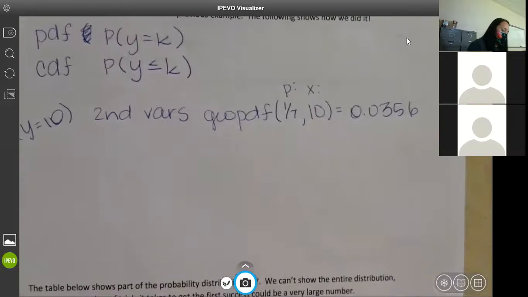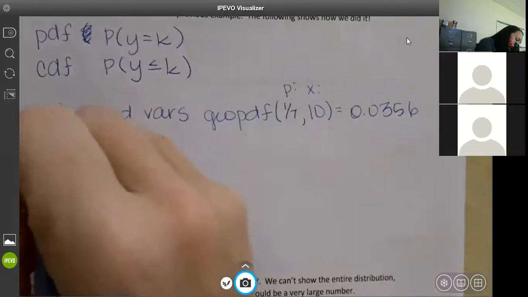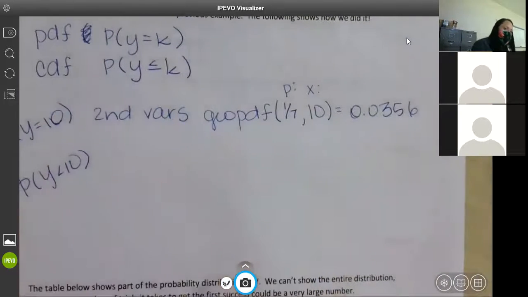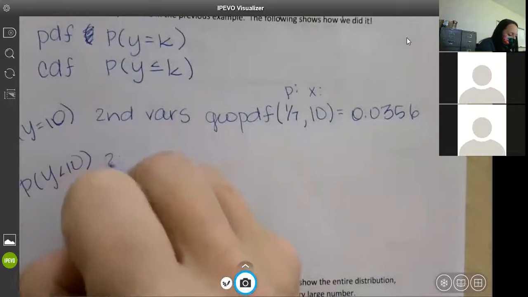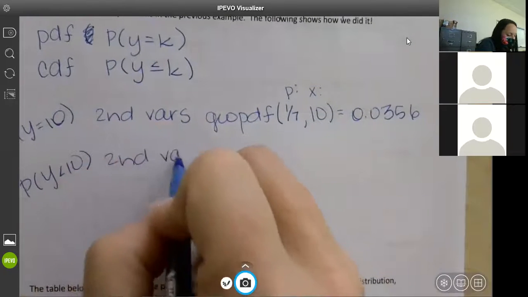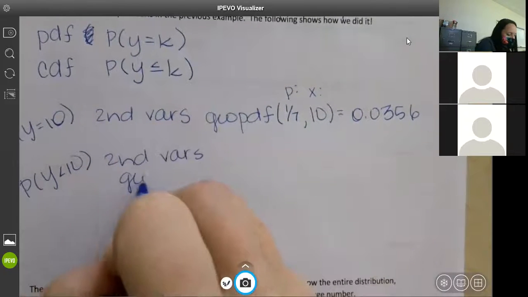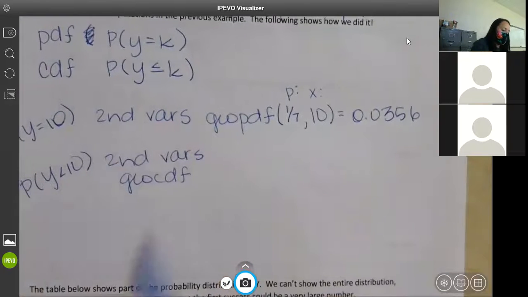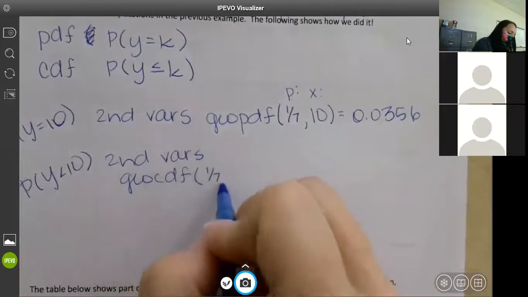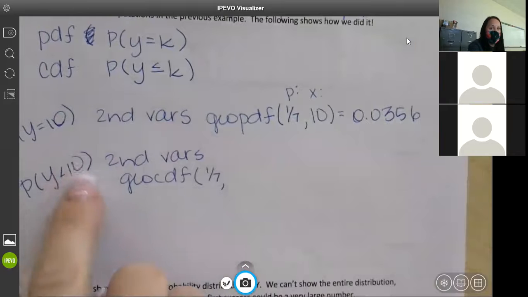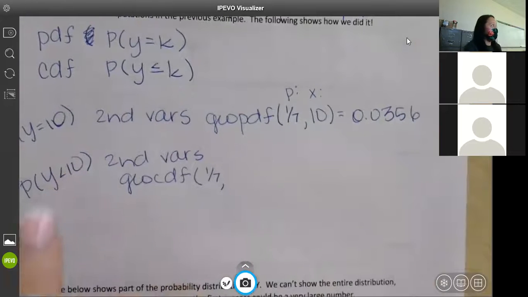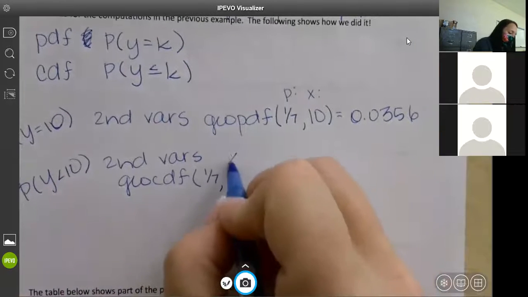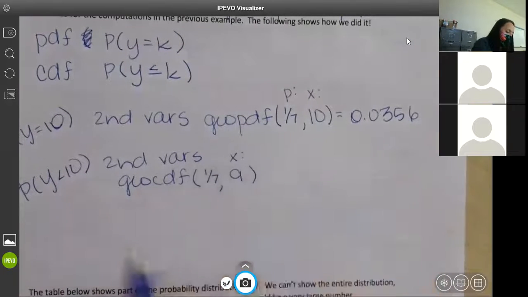Okay. So if we do the probability that Y is less than 10, we're going to do the same thing, second vars, but we're going to do GeoCDF. 1/7, and then this is not equal to 10. So we want 9 and below. So our X value is actually going to be 9.